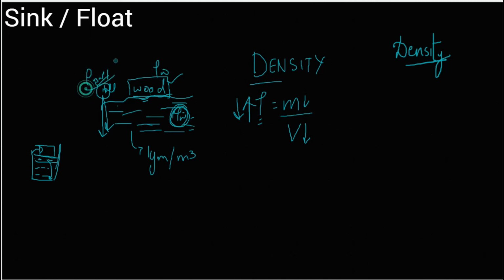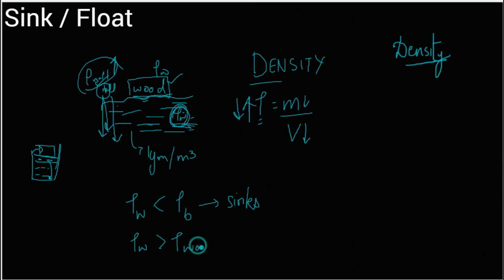If the ball's density is higher than the water density, it will sink. Note it down correctly: this is the density of water. The ball has greater density, that is why it sinks in the water. But wood has lesser density than water, that is why it floats.